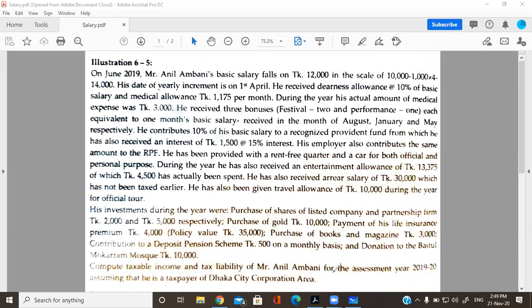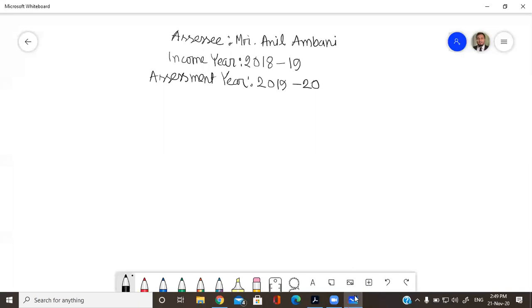So if I go to my whiteboard and write the basic salary of Mr. Anil Ambani in this way, let's try to understand.